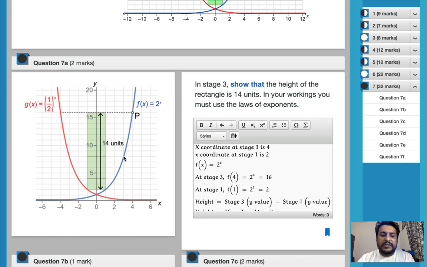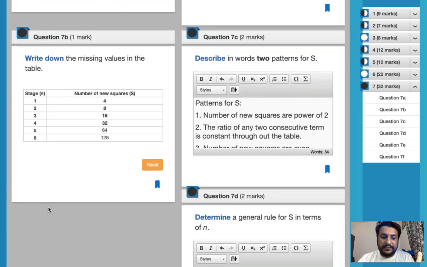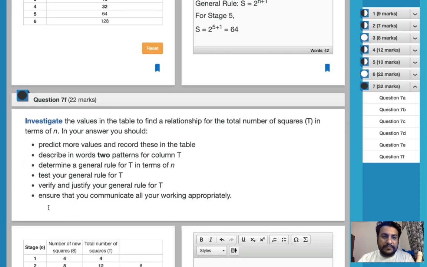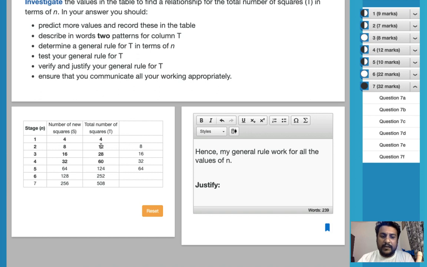Now 2 to the power 3 is 8. So the height of this rectangle is 8, width is 2, so 8 into 2 is 16. But from 16, if you subtract this 4, you get 12, which was the pattern over here, the total number over here, 12. Yes, so this is how it works.